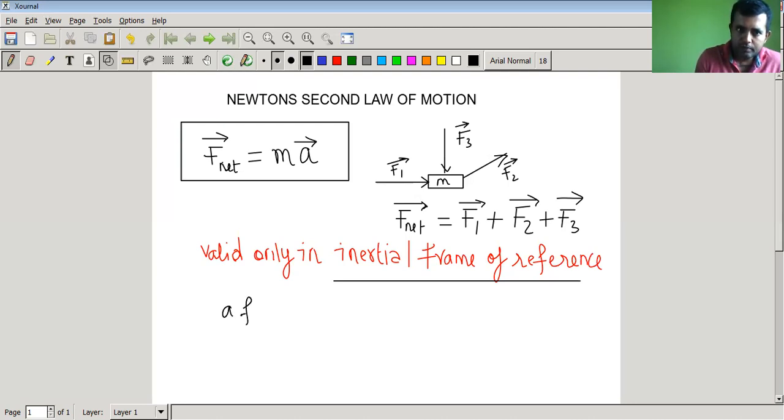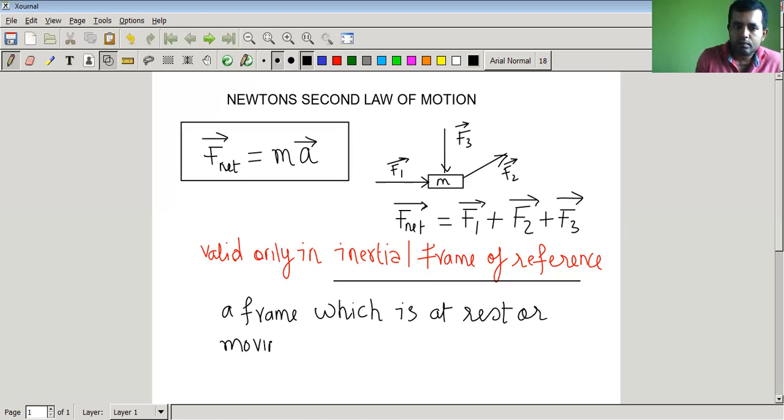A frame which is at rest or moving with constant velocity is called an inertial frame of reference.